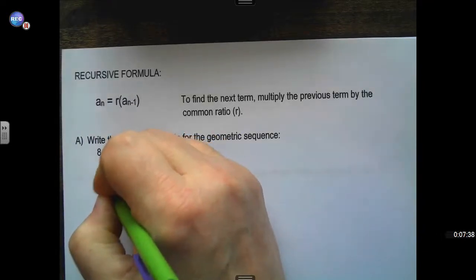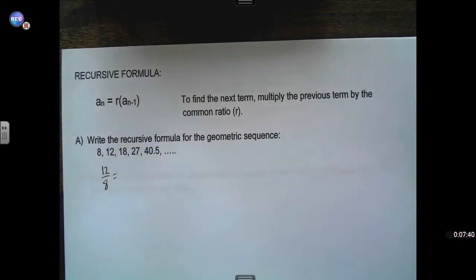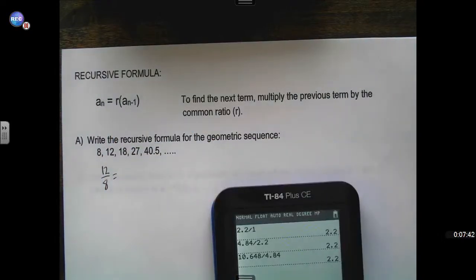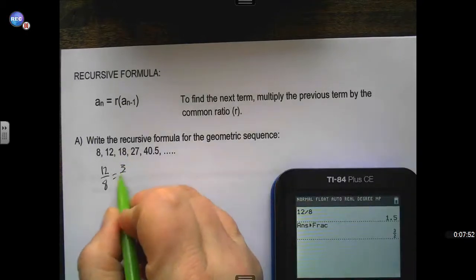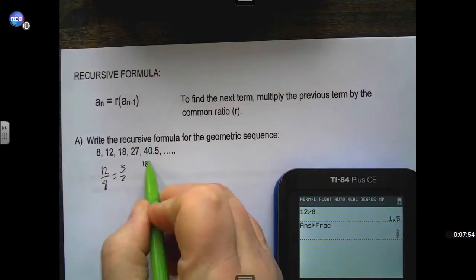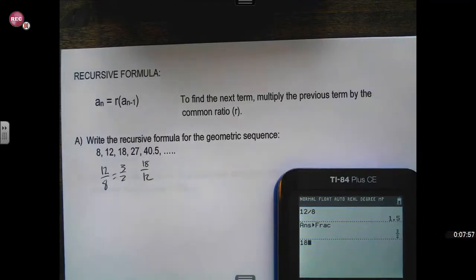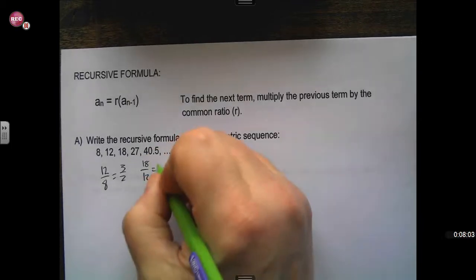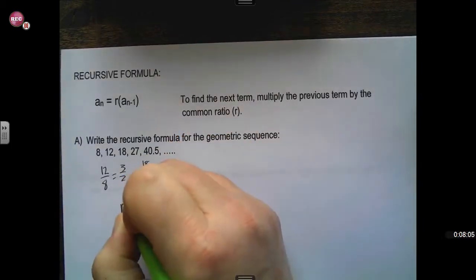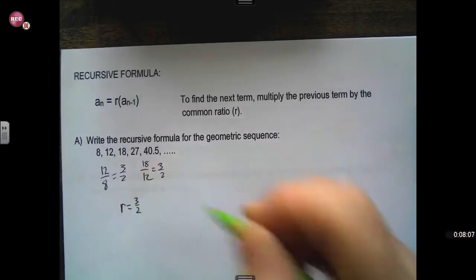We take 12 divided by 8, and we get 3/2. And we take 18 divided by 12, and we get 3/2. So the common ratio r is 3/2.